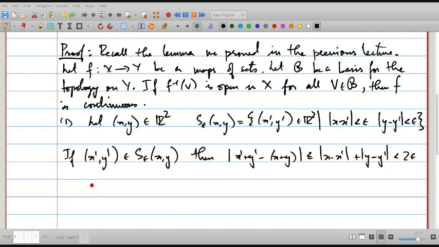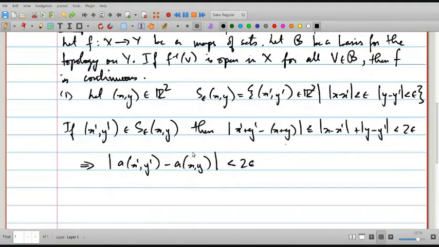So this implies, just rewriting this statement, that the absolute value of A of (x prime, y prime) minus A of (x, y) is strictly less than 2 epsilon.